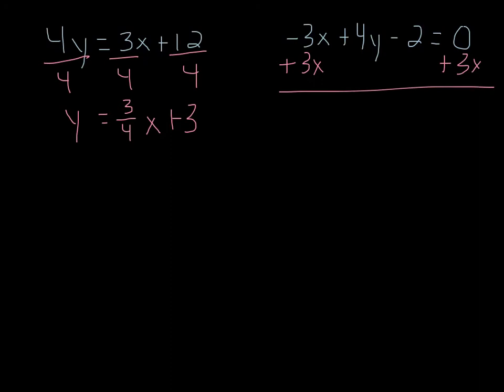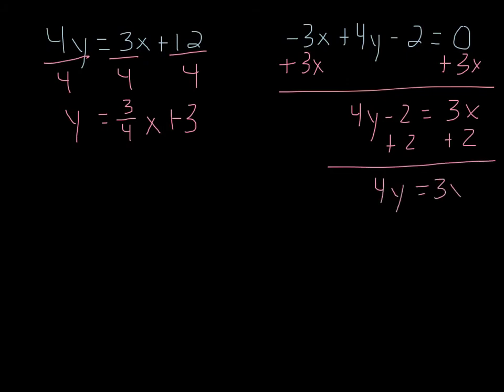When you get good at this, you can do both steps in one, but we're going to take it one step at a time for now. 4y equals 3x plus 2, divide by 4. We get y equals 3/4 x plus 1/2.